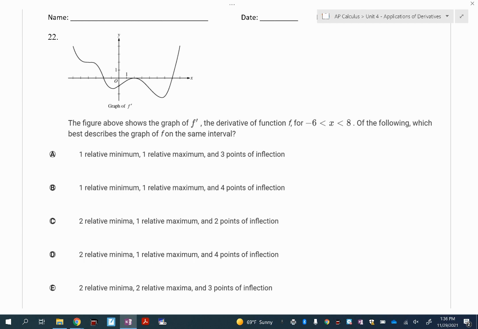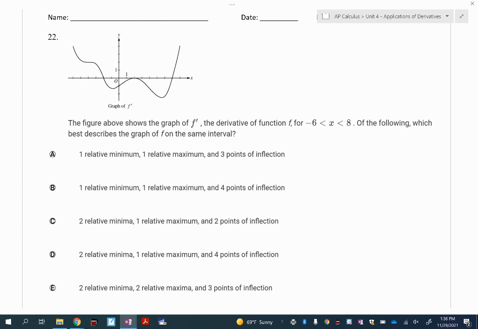With the same idea, the function is decreasing from -2 all the way until it looks like about 7. Maybe even 6. I'm sorry, not 6, it's 7, yes. So where we cross the x-axis at x equals 7, now we're back into the positive y values for our derivative.